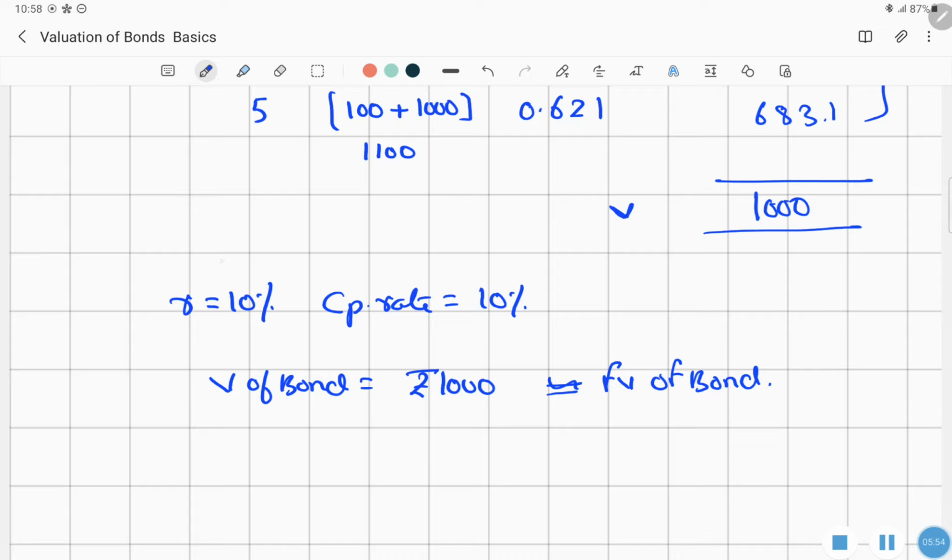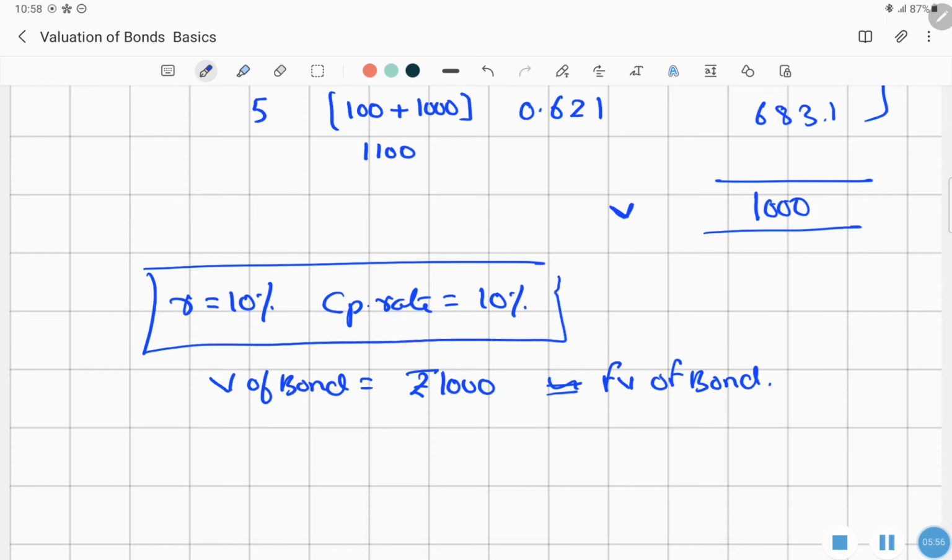So when the required rate of return and coupon rate are the same, the value of the bond is 1000, equal to the face value of the bond. It means that we are at par.